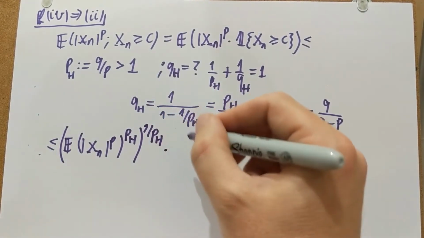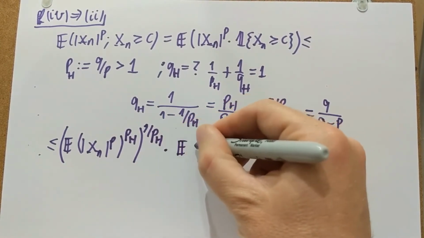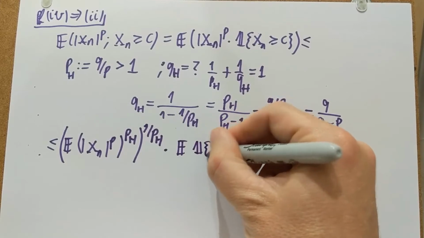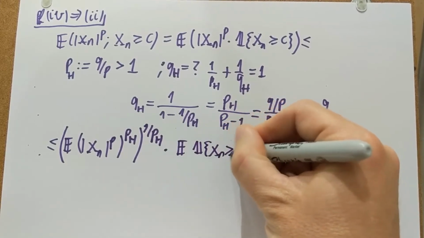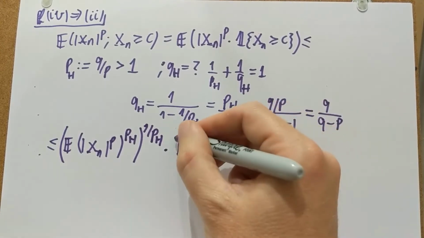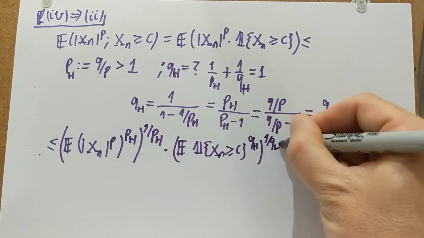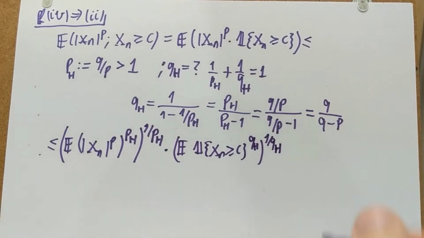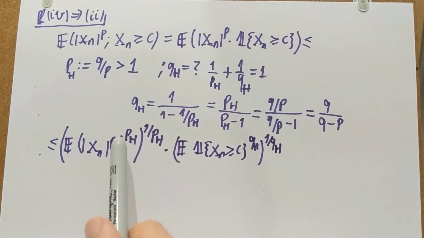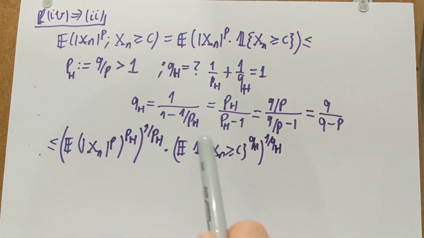And then I have to multiply that with the expectation of my second random variable to the Q Hölder power, and then a 1 over Q Hölder on the expectation outside. So again, these things are inside the expectation, the 1 over P is outside. This Q power is inside the expectation, the 1 over Q is outside.